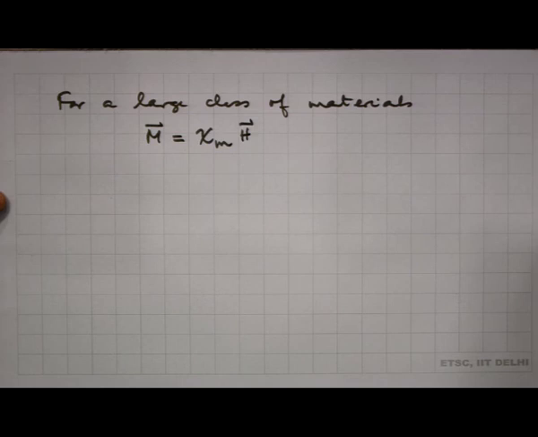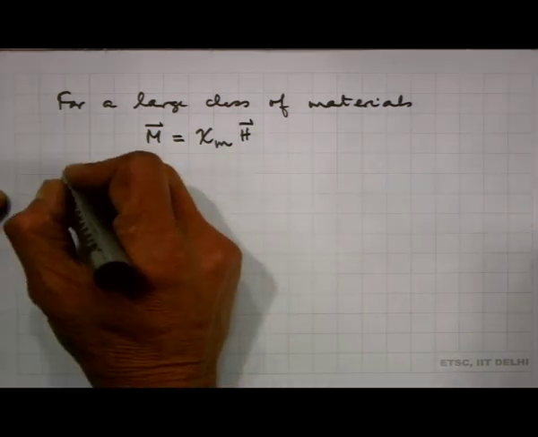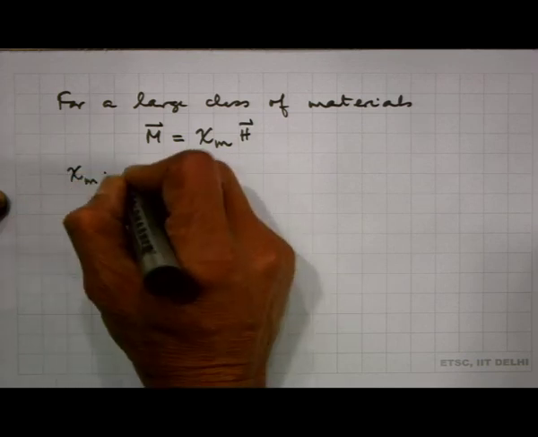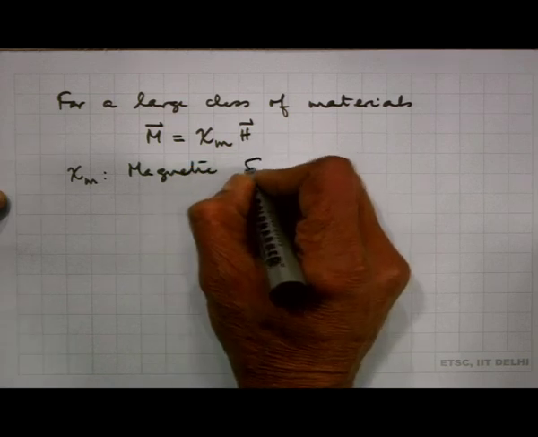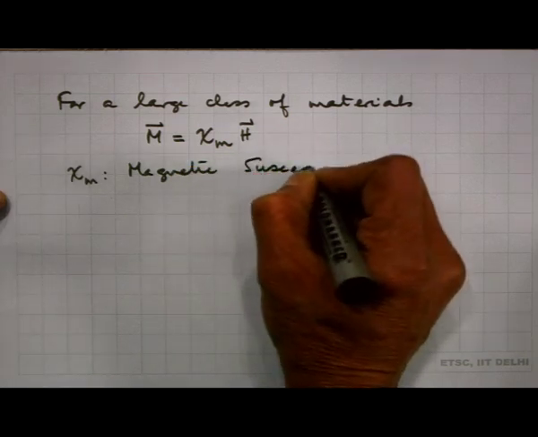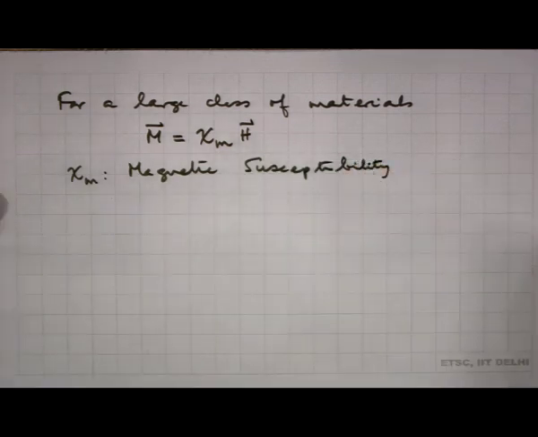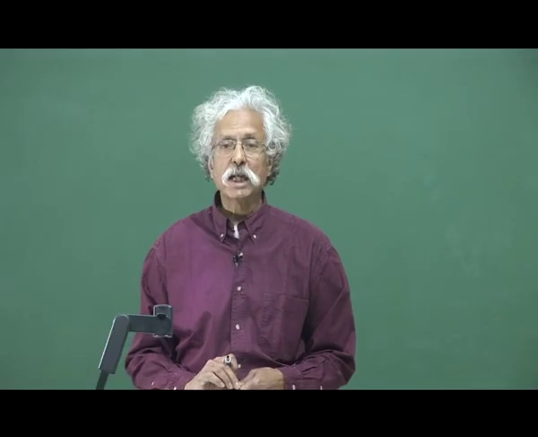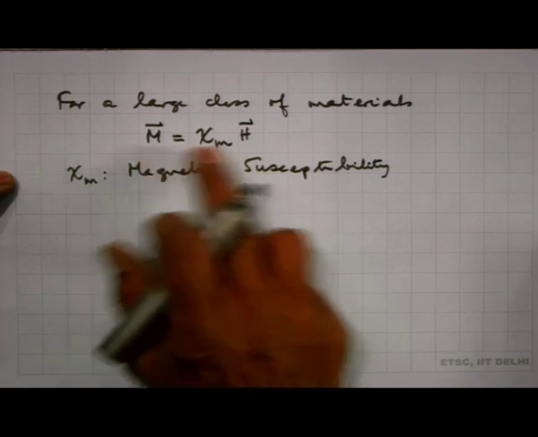For a large class of materials, the magnetization is proportional to H, and chi m is the proportionality constant, which is called the magnetic susceptibility. Remember, we had introduced the electric susceptibility in electrostatics. Similarly, we have a magnetic susceptibility in magnetostatics, which is the proportionality constant between m and H.